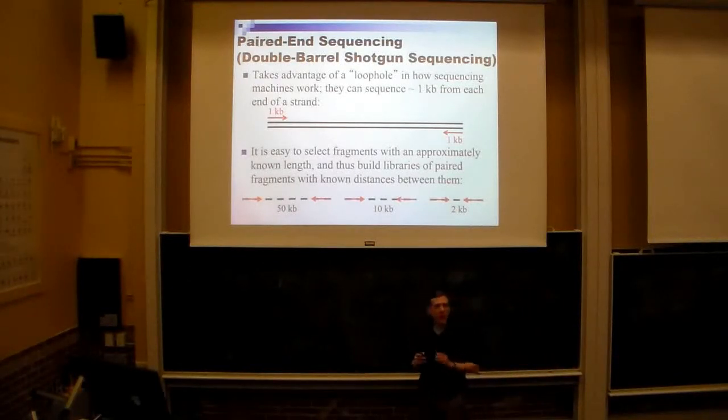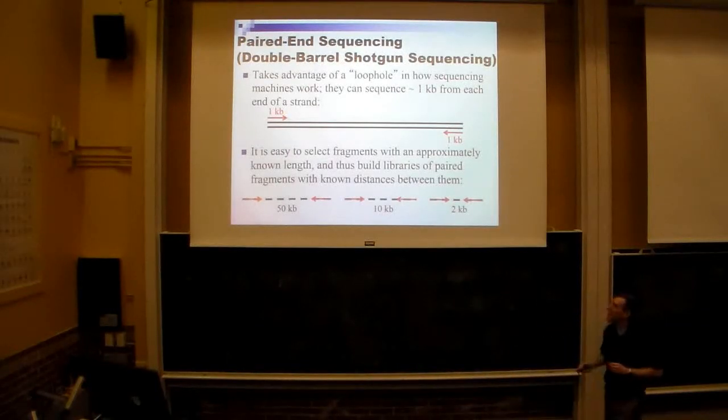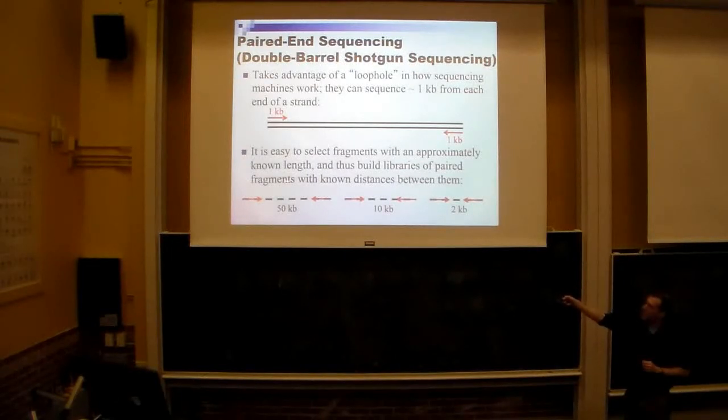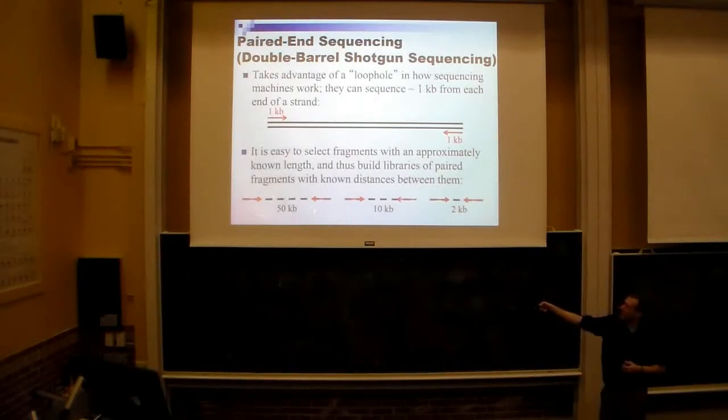And that gave you a seemingly subtly different but very important piece of information you could gather, in which you could build libraries of fragments with approximately known lengths. It's pretty easy to sort pieces of DNA approximately by their lengths and, let's say, isolate sets of random pieces of 50 kilobase DNA, random pieces of 10 kilobase DNA, and then sequence both ends of these.